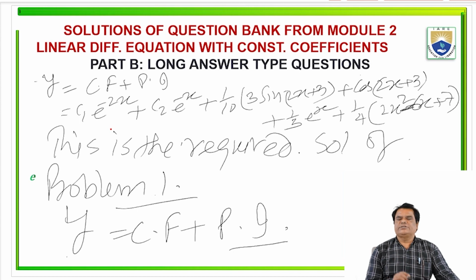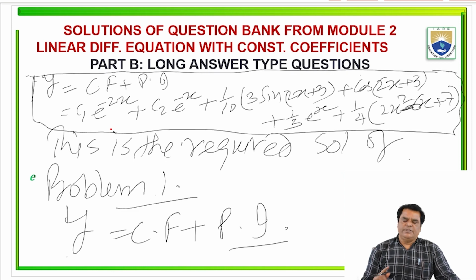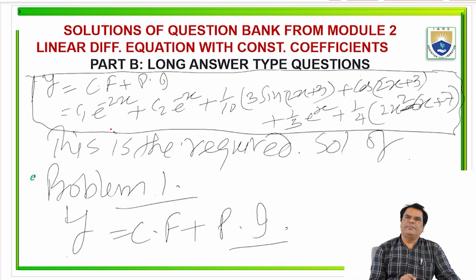First of all, we find CF and then we find PI. CF plus PI is the complete solution of the problem. This is CF, C1 e to the power minus 2x plus C2 e to the power minus x plus 1 upon 10, 3 sine 2x plus 3 plus cos 2x plus 3, plus 1 upon 3 e to the power x plus 1 by 4, 2x square minus 6x plus 7.